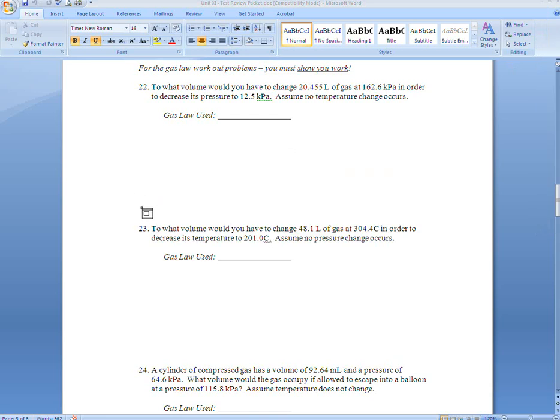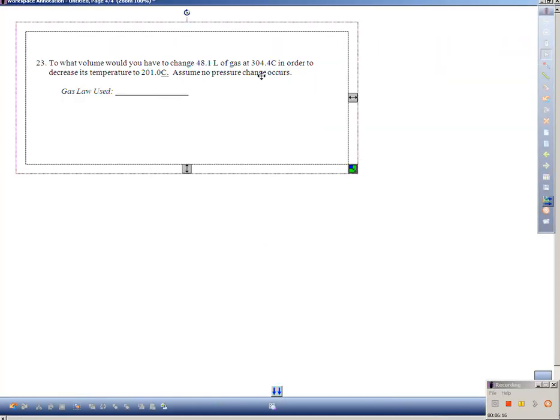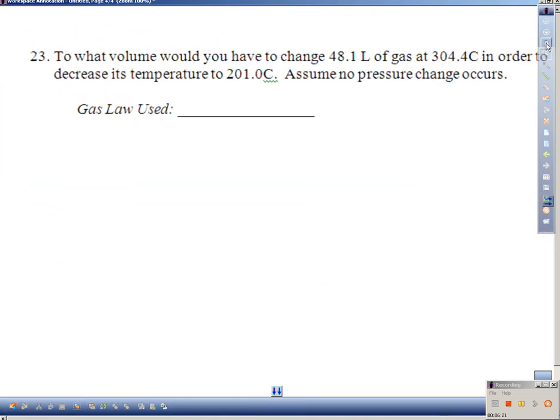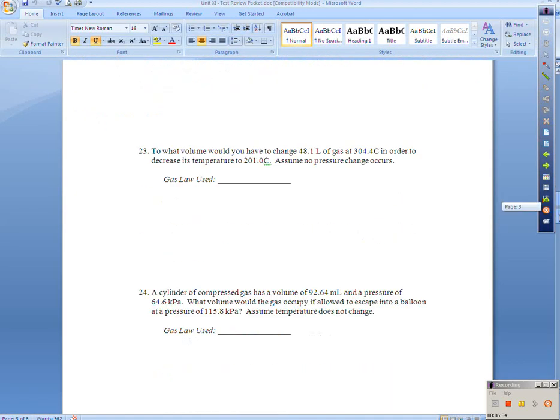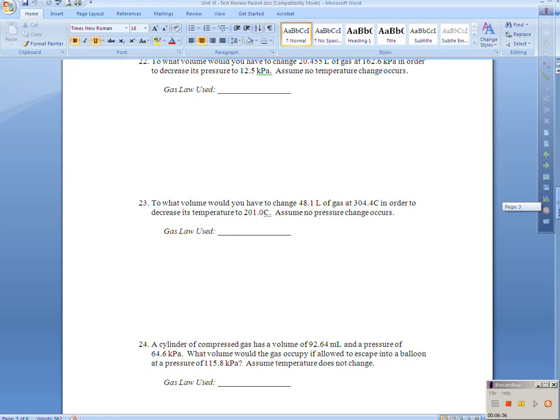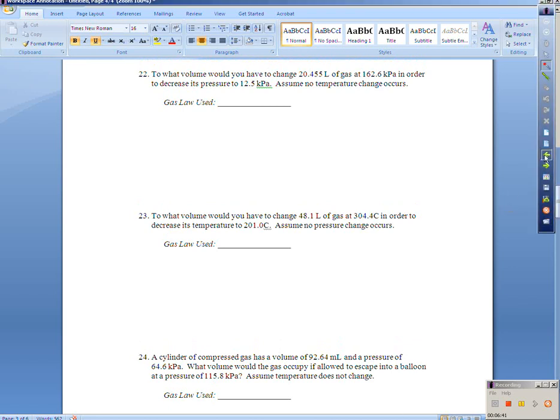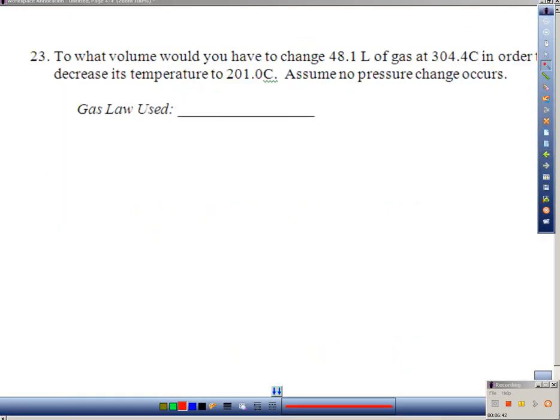Alright, so let's look at 23. To what volume would you change? Oh, no, wait, never mind. I don't want to look at 23, because that's the same one. So then in that case, we have volume and temperature. So I have volume and temp, volume and temp. So I'm going to use Charles' law.